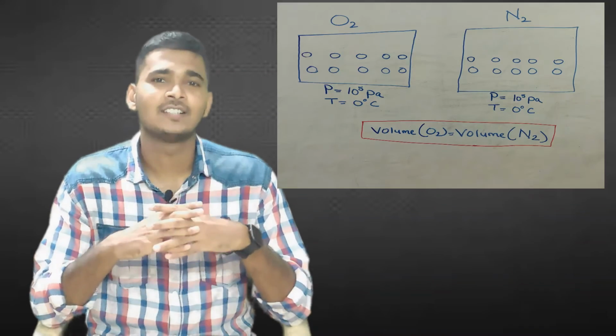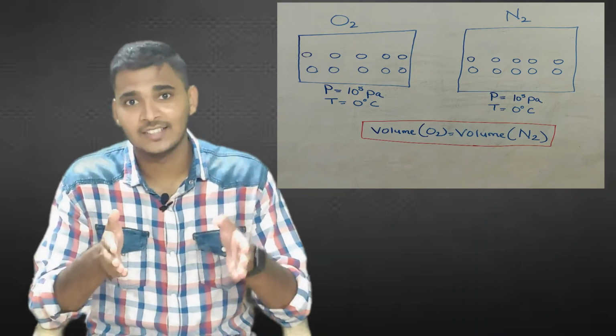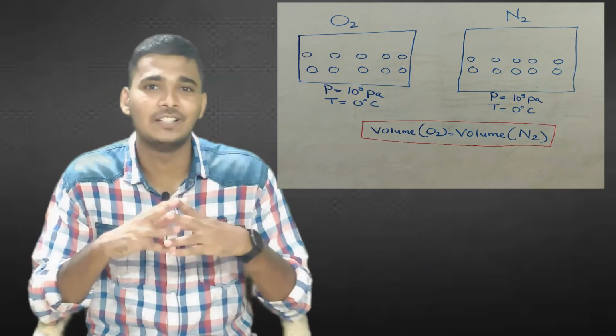Now if you keep both containers under identical conditions of temperature and pressure, let's say at STP, and the number of molecules in both containers is also the same, let's say 10 molecules each. At STP, that is standard temperature and pressure, which is 10⁵ Pascal and 0 degrees Celsius, you'll find that the volume occupied by O2 gas and the volume occupied by N2 gas will be equal. This is what Avogadro's law says.